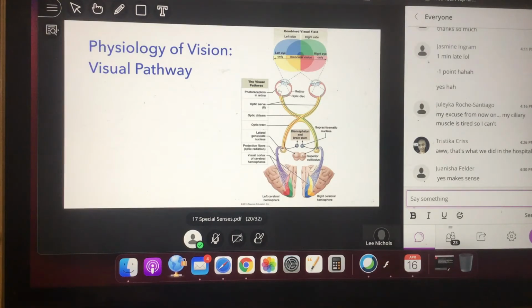You don't have to worry too much about how this works, but I'll tell you the consequences of it. Those fibers coming from the retina of this eye will stay over here and head back to the left occipital lobe.